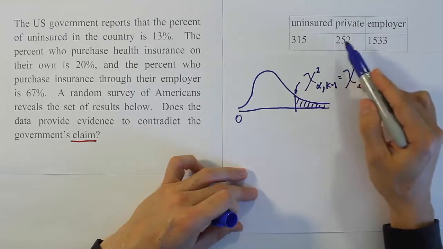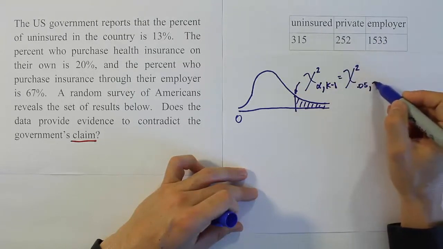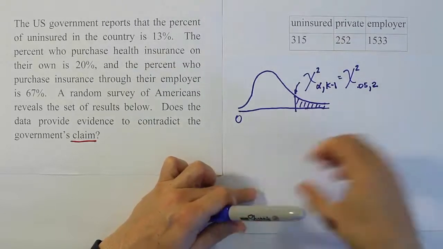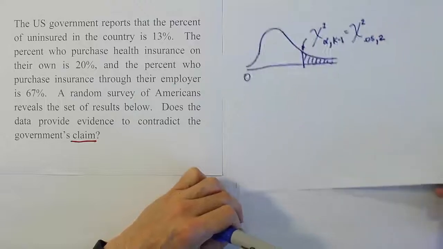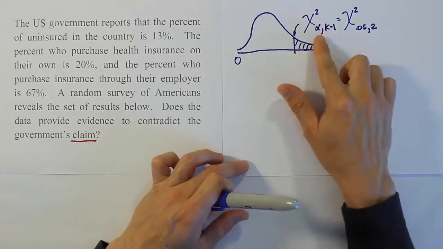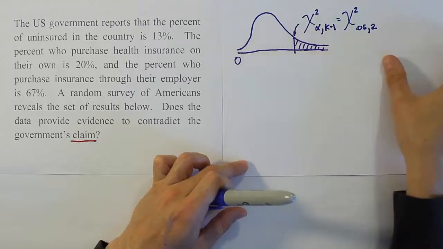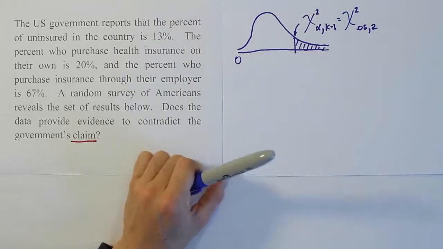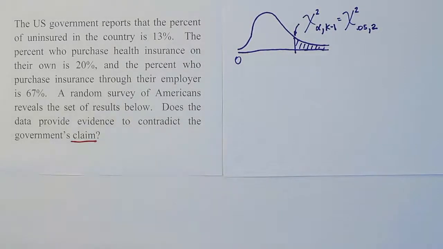So in this case, it's 1, 2, 3 minus 1, or 2, right? Okay, so now that we know that it's 2 there, let's go to our chi-squared chart, look up the alpha and the k minus 1 degrees of freedom, and we'll get our critical value. So we're in the 0.05 column down to 2 degrees of freedom. Let's go check that out and see what we find.